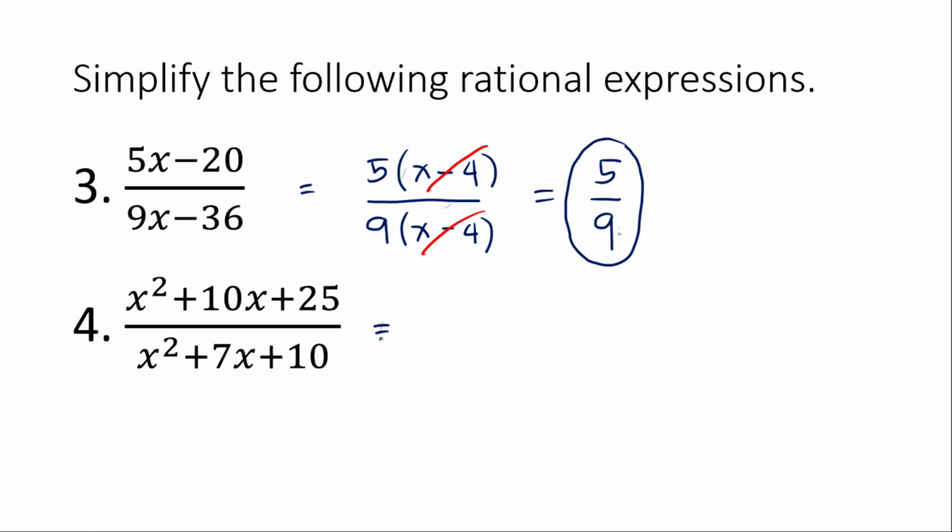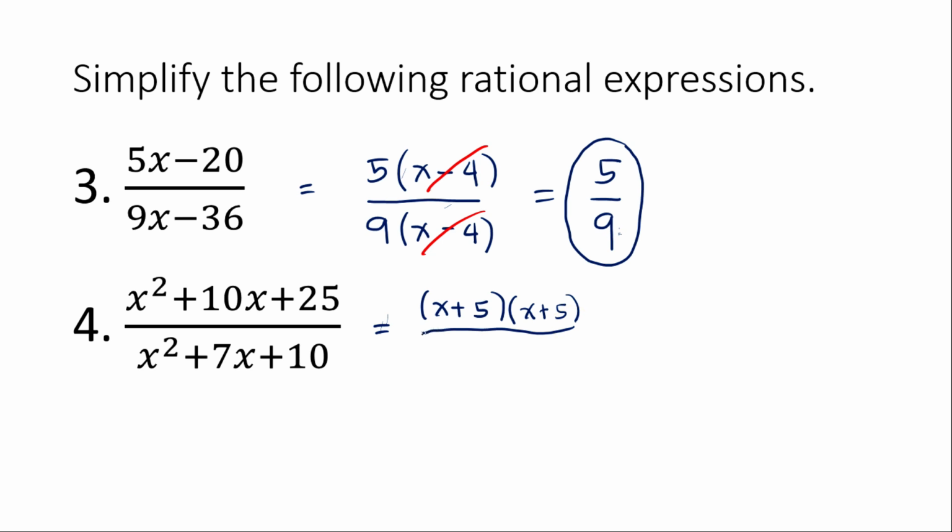And last, we have x squared plus 10x plus 25 over x squared plus 7x plus 10. So, how do we factor out trinomial? We simply have to think of the sum and product ng mga numbers. So, marirecall naman natin yan doon sa ating factoring of general trinomial. So, here, x squared plus 10x plus 25 can be factored out as x plus 5 times x plus 5.